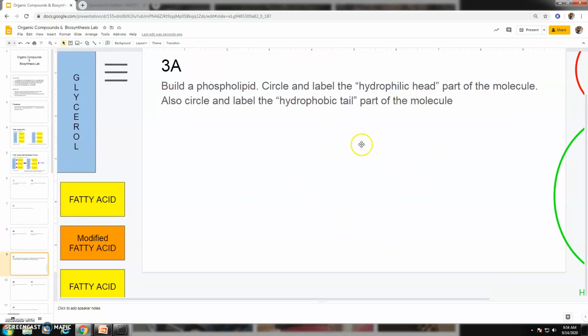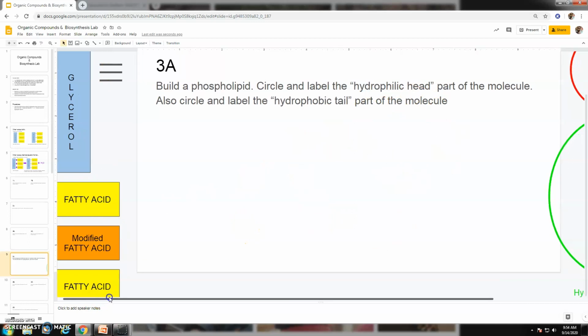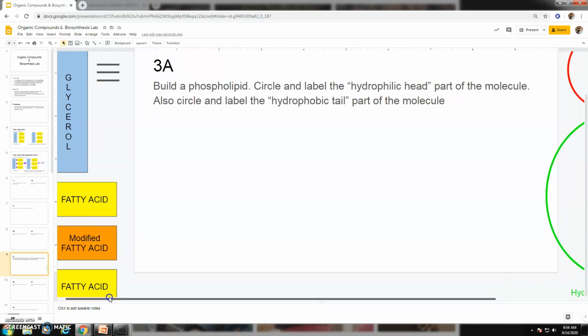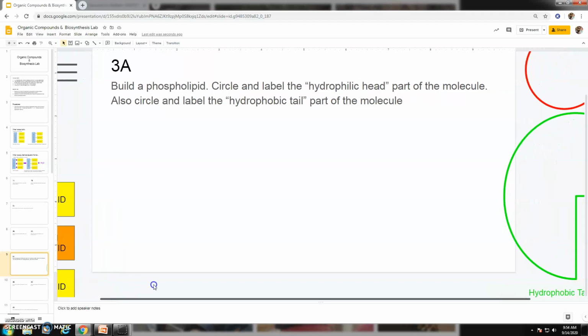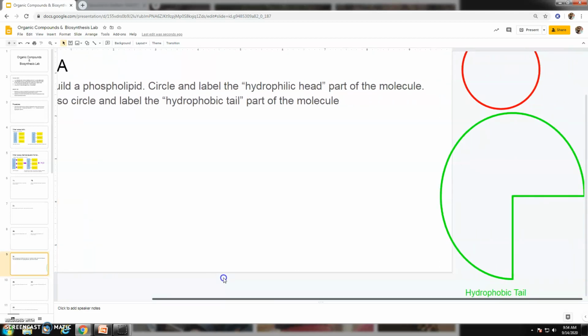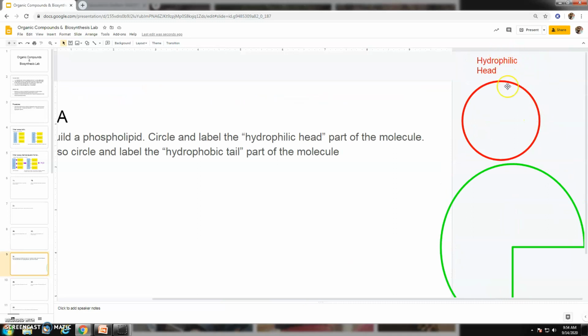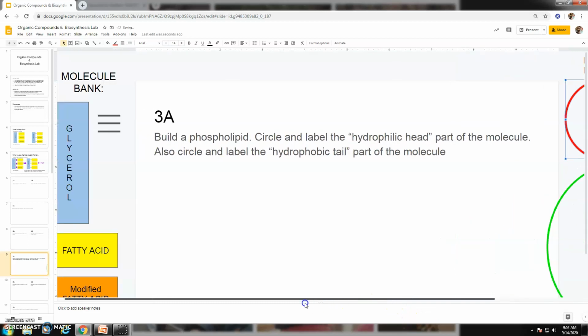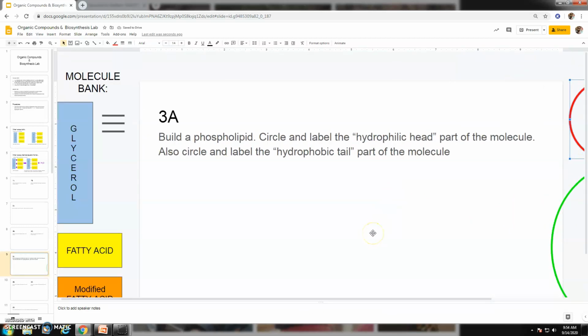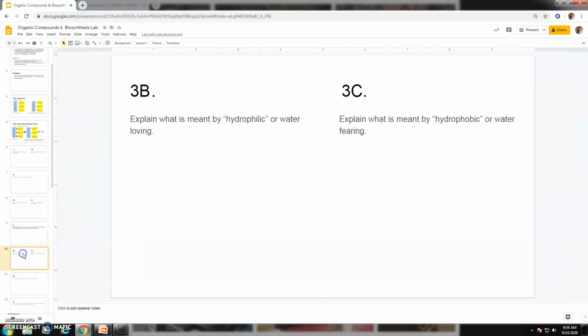You are going to build it for us here in the given space. It then says circle and label the hydrophobic tail and the hydrophilic head. So over here, I have these two things for you where you can use the circles and labels. So it should be relatively simple. All the tools you need are there.